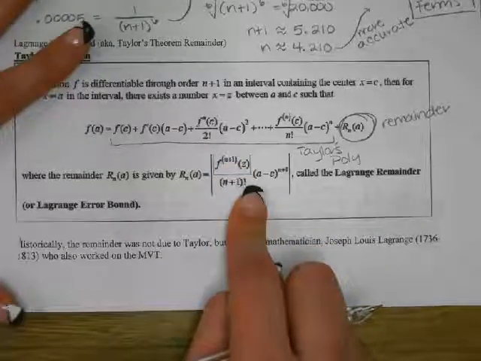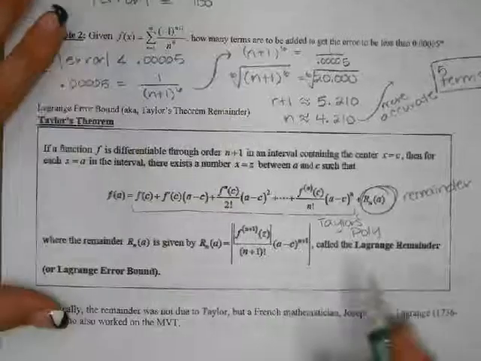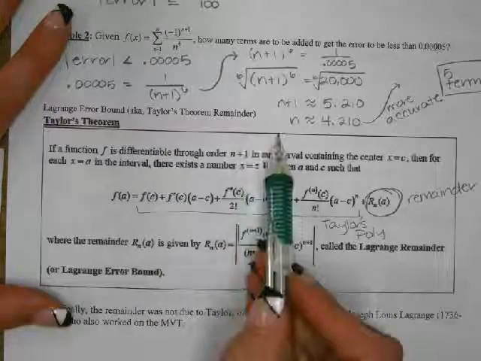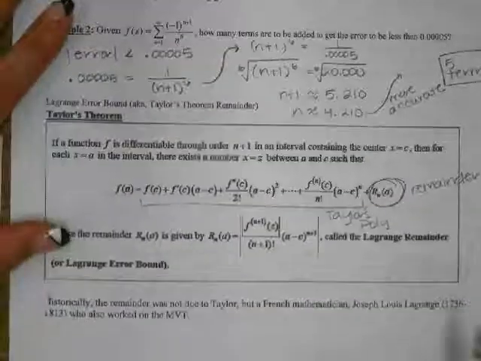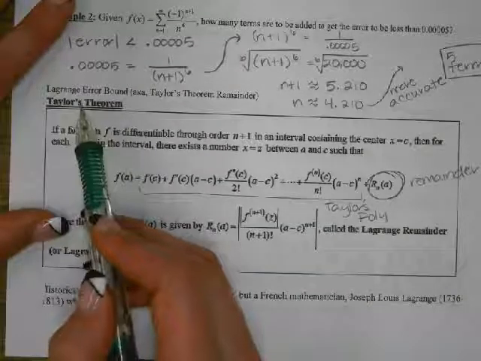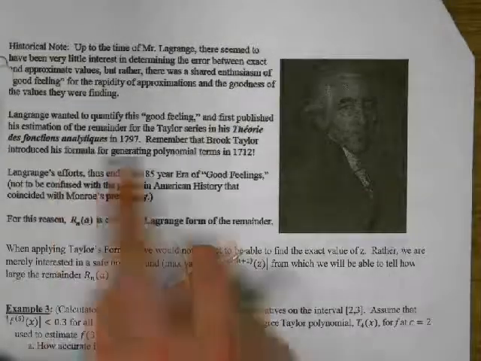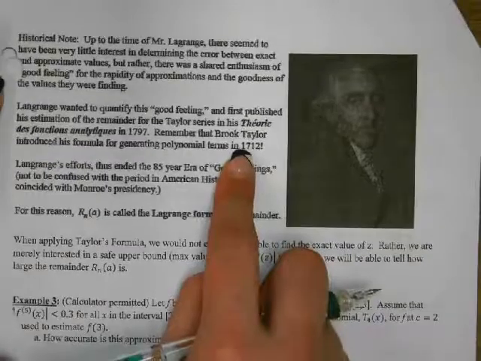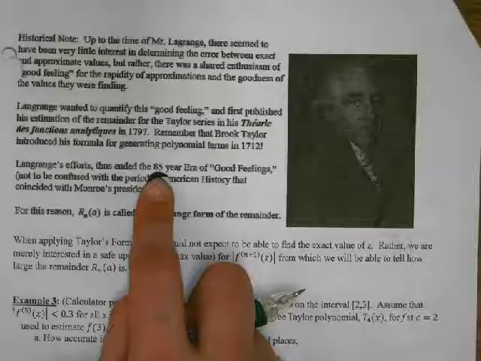All right? So there's a little bit of history involved here. It's called two different things. It can be called Taylor's theorem remainder because it takes the Taylor polynomial and it adds a remainder to it. But people often call this the Lagrange error bound because, if you flip the page, the history of this is that Taylor introduced his formula for the polynomials in 1712, and Lagrange 85 years later came up with this error bound thing.